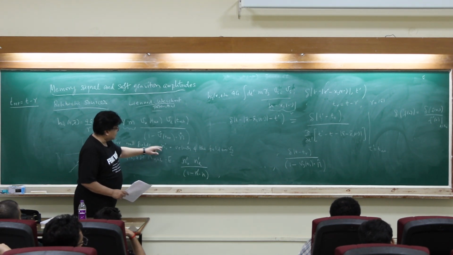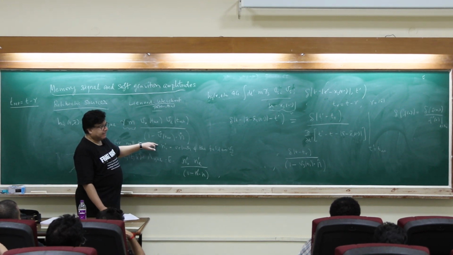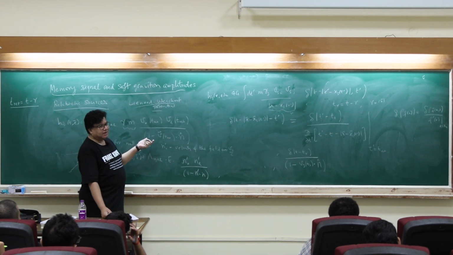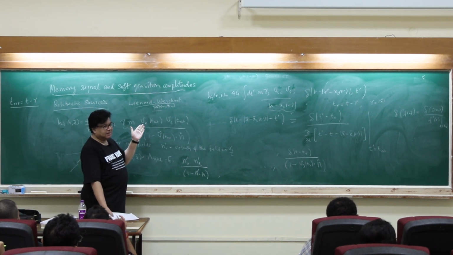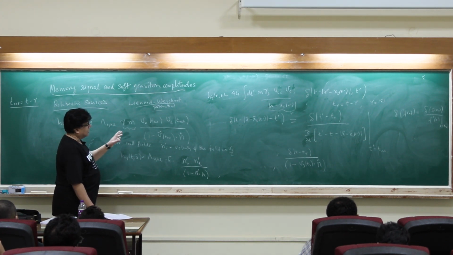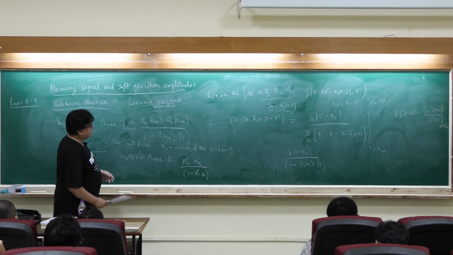So n' is the velocity of the field. It's a unit vector, but depends upon the angles, the direction. Whereas, this is the thing if you have a relativistic source. Okay.